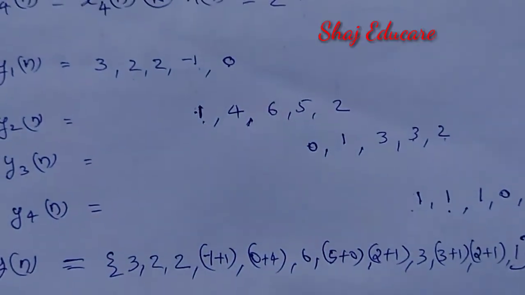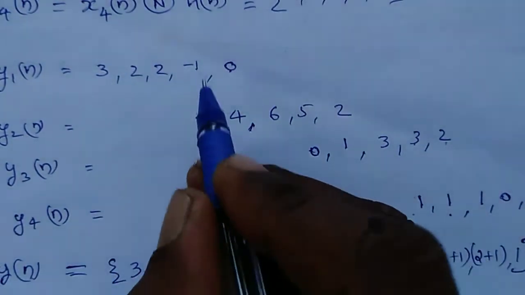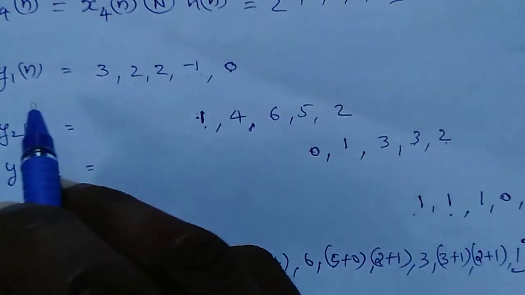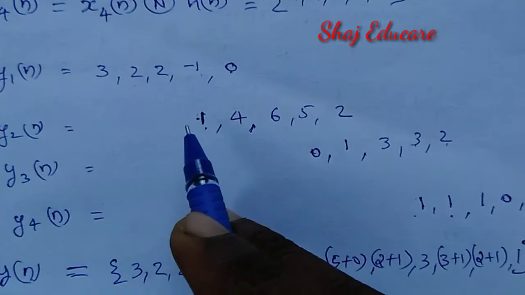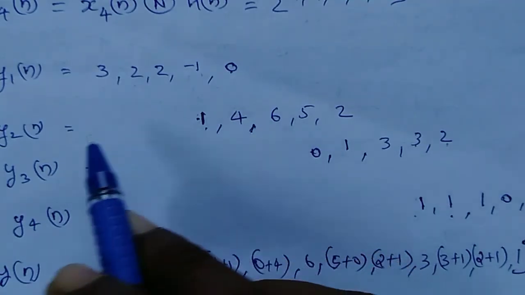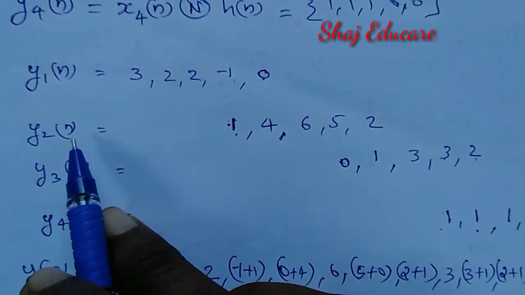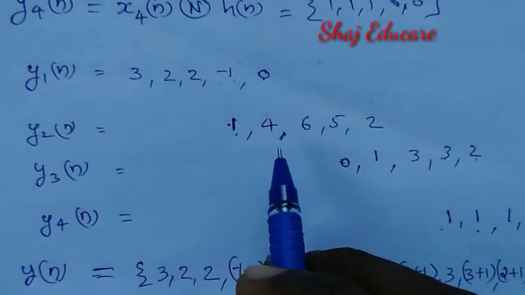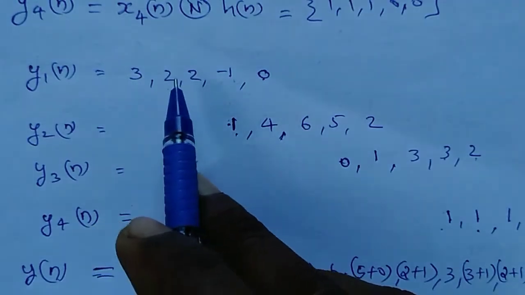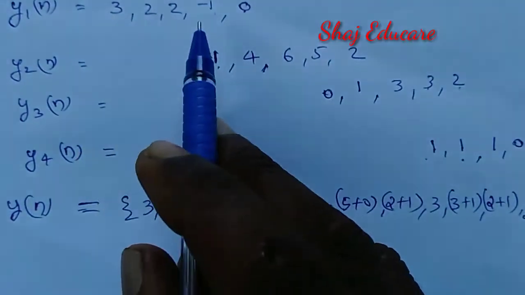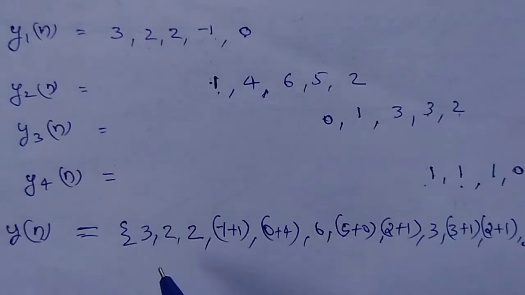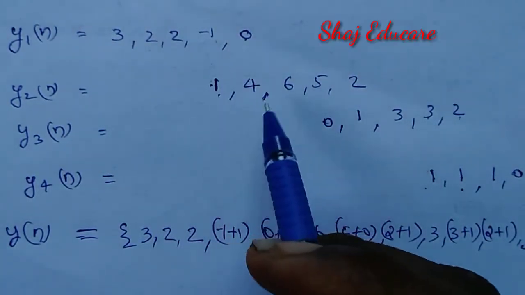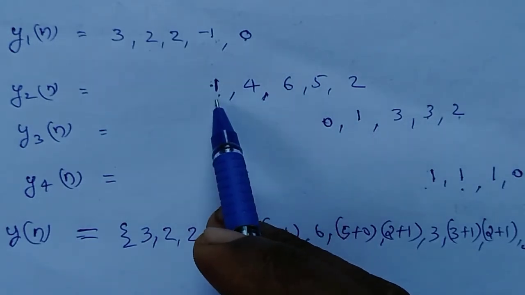What we have done is add the last m minus 1 elements of y1 of n and the first m minus 1 elements of the next block, y2 of n. We have to add those elements together. And write the other elements 3, 2, 2 here. Next add minus 1 with 1.